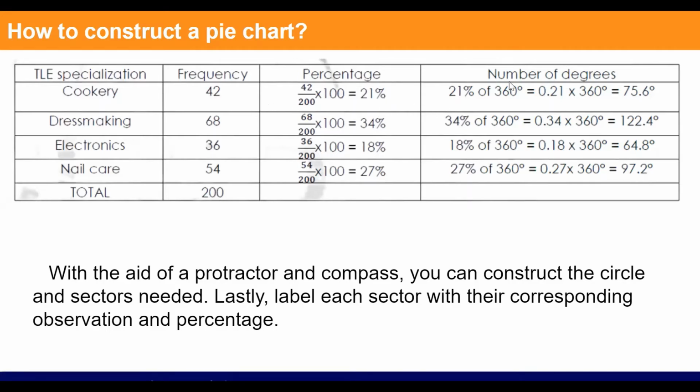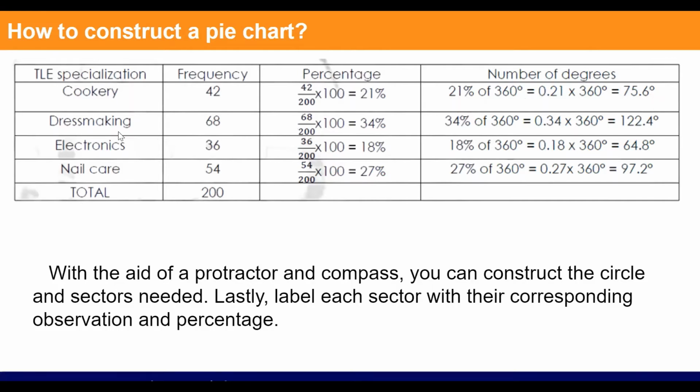Next, how can we find the number of degrees? 21% of 360 degrees. What you will do is change 21% into decimal, so it is 21 hundredths, and then multiply it by 360 degrees. You will get 75.6 degrees.